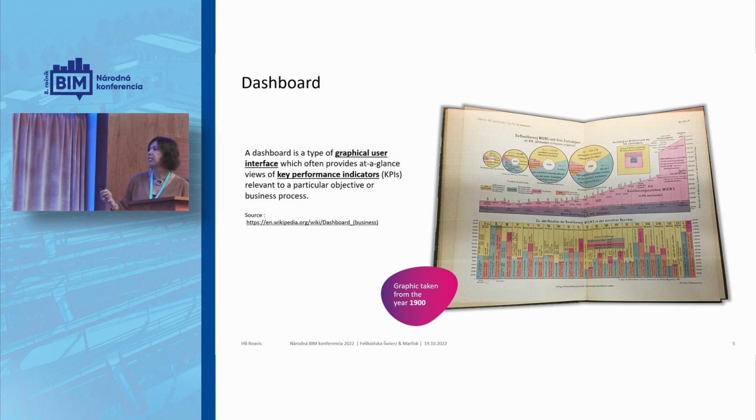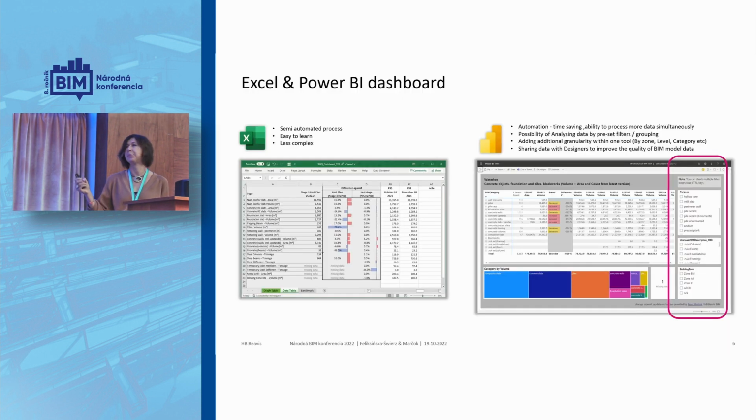Of course, nowadays, we can use automated features to process this sort of data. So how are we using dashboards in our company? What you can see on this slide, on the left-hand side, is an Excel sheet, and it shows the structural dashboard, which has been generated using data extracted from Revit models.